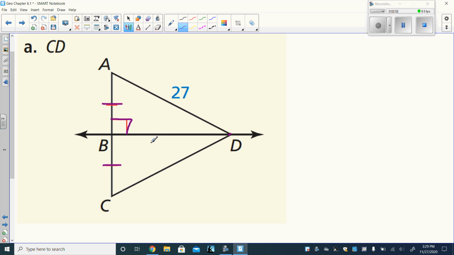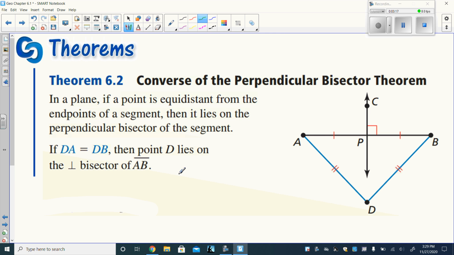So BD is the perpendicular bisector of AC, so AD and CD are congruent, so the measure of CD is going to be 27 because they are the exact same. That's all we have to do for this one. If it lies on the perpendicular bisector, those two are going to be congruent.